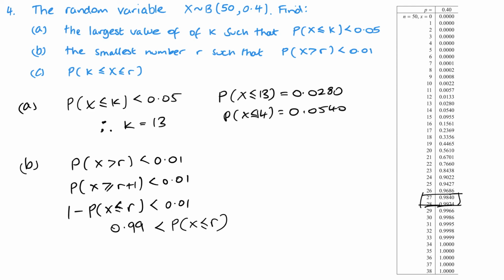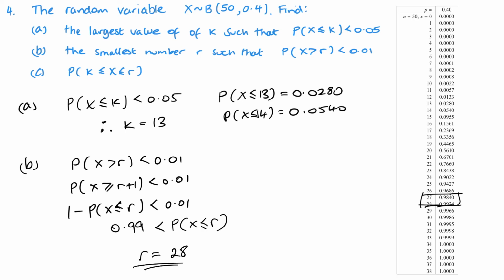Greater than 0.98 is not going to fall within this greater than 0.99, so it's going to need to be this one, where r is going to be less than or equal to 28. Or is it? Of course it is. So r here equals 28.